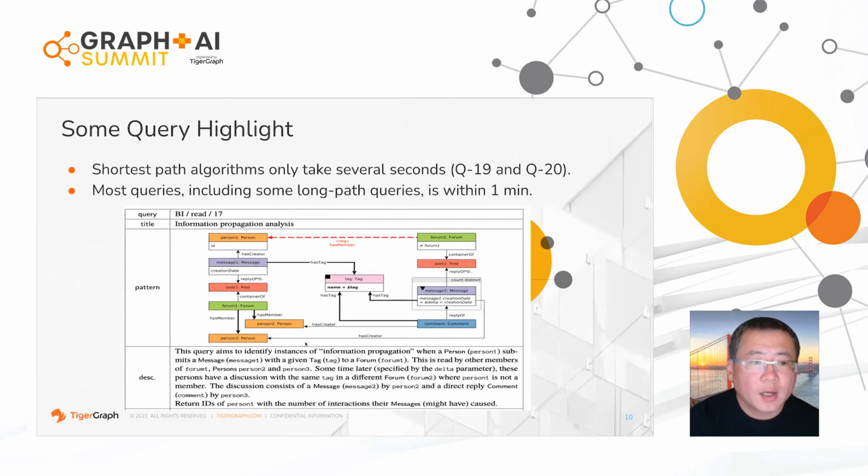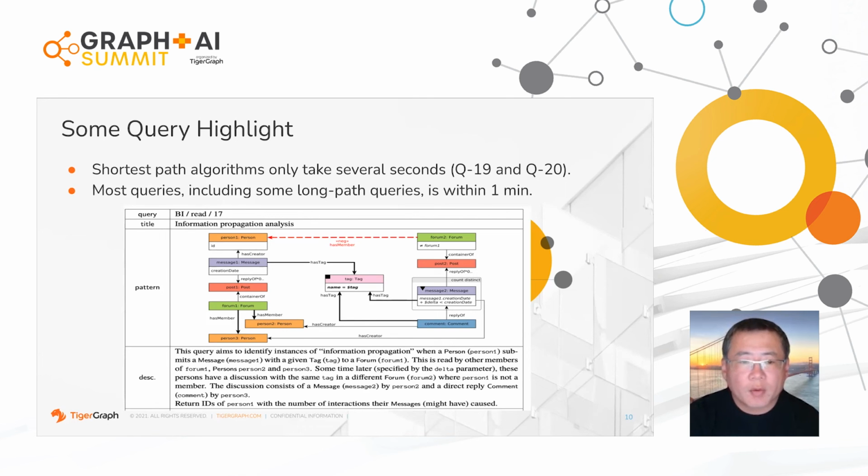So, some query highlights. After we ran this benchmark, we noticed that TigerGraph can run queries that involve the shortest path algorithm in only several seconds. For example, query 19 and query 20 both include the shortest path algorithm in the query pattern.